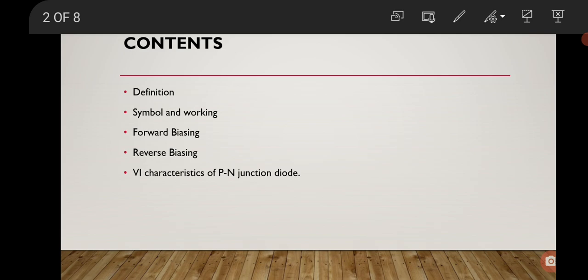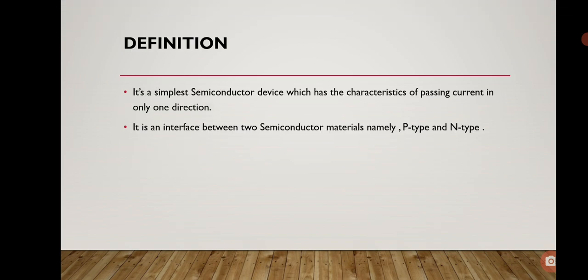Coming to the contents, let me tell you what will be in this presentation. It includes the definition, the symbol and working of the diode, the two conditions, that is forward biasing and reverse biasing, and the VI characteristics of the PN junction diode. Coming to the definition, let's see what we mean by the PN junction diode.